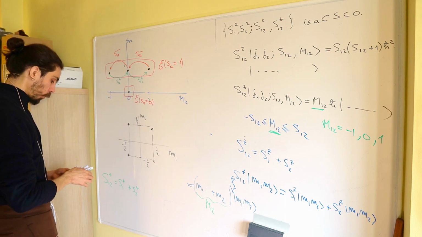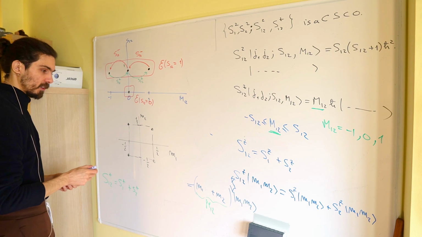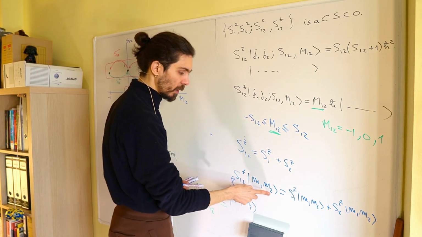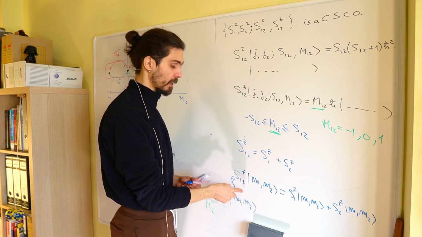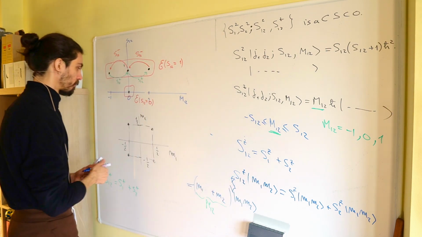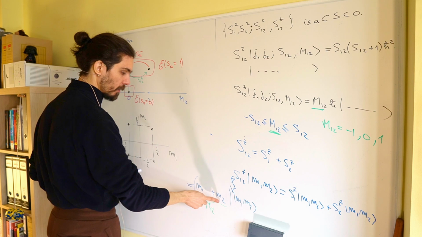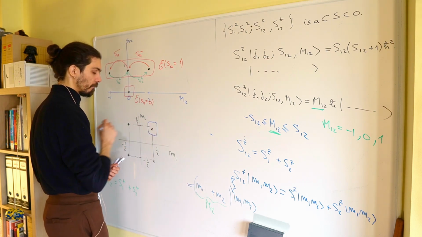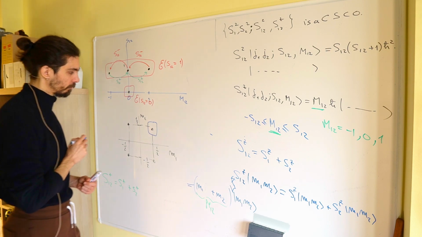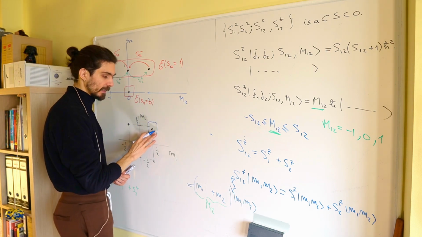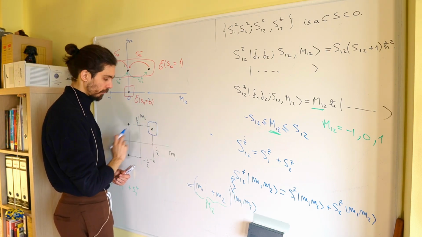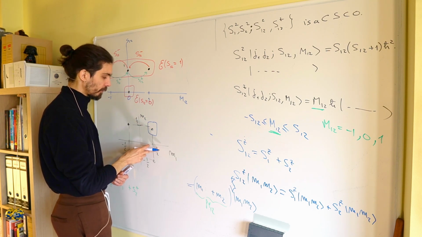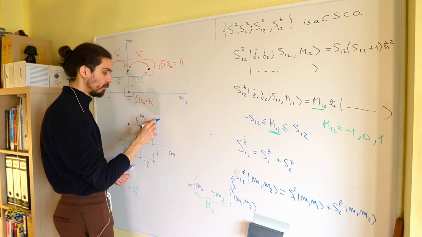Moreover, we also know something else in these pictures. I said that the states |m1, m2> are eigenstates of S12z with eigenvalue m1 plus m2. So, for example, this state here has eigenvalue equal to what? Can you see? It's 1/2 plus 1/2, so it's equal to 1.